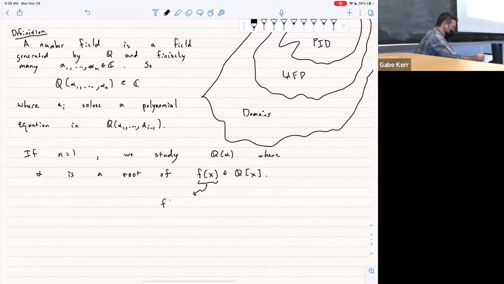So f of x is going to equal, I don't know, e1 of x, p1 of x. If alpha is a root, then we have 0 is equal to f of alpha, which is e1 of alpha, p1 of alpha.